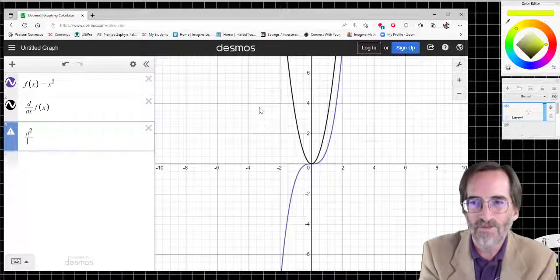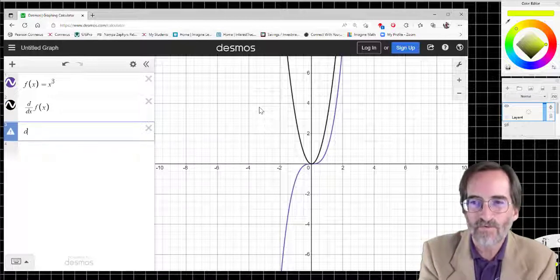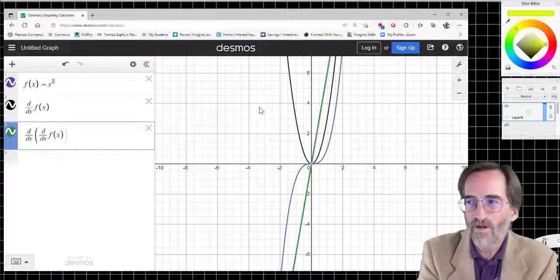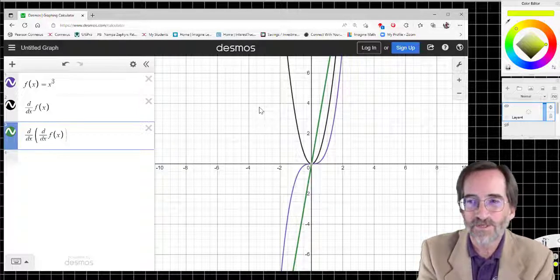No, it doesn't. It doesn't know what to do with that. So you can take the derivative of a derivative, d over dx, and that gives you the second derivative. But Leibniz's notation is certainly simpler.